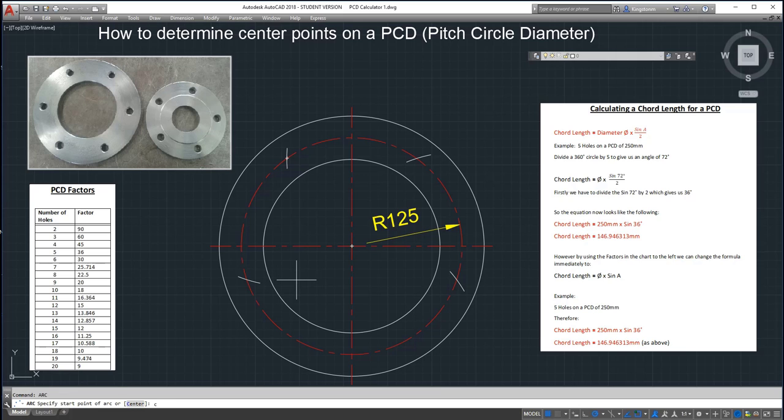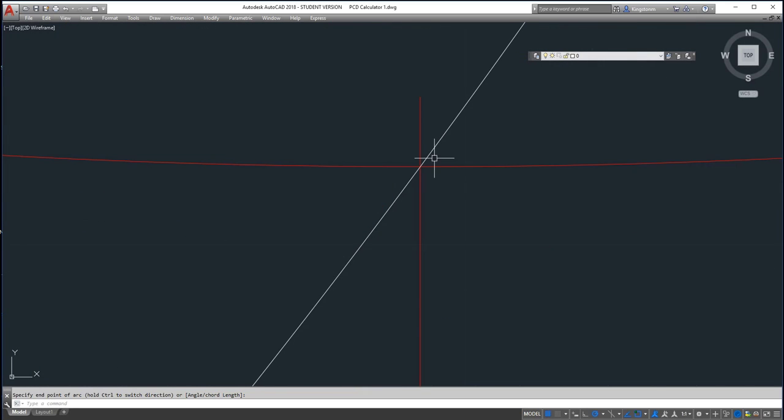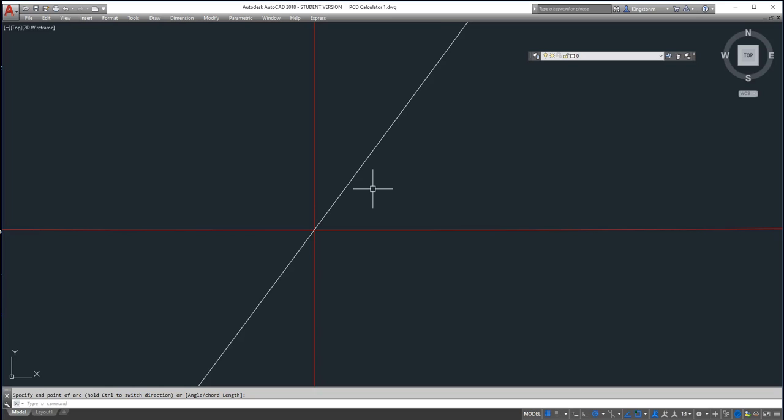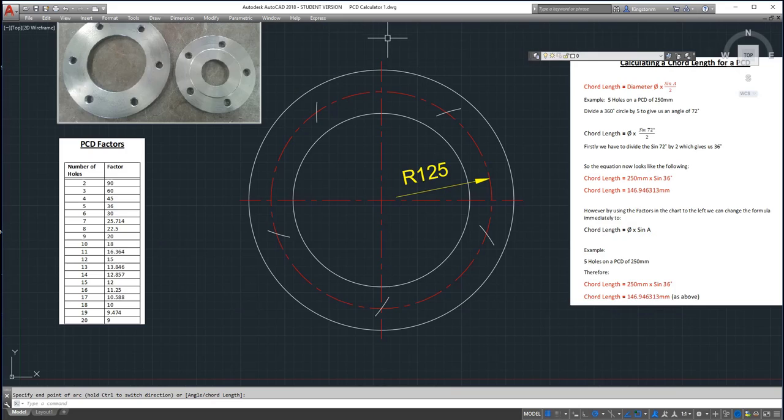So center onto that point, type in my dimension again, and drawing my arc through there. So we'll zoom in on that. You can see that it's actually hit dead on that point. So that's how we can determine that it is accurate on this drawing.